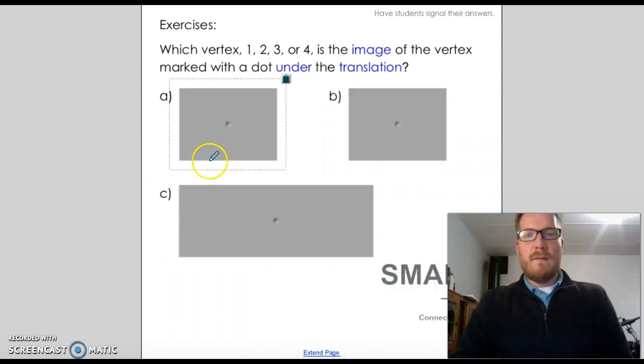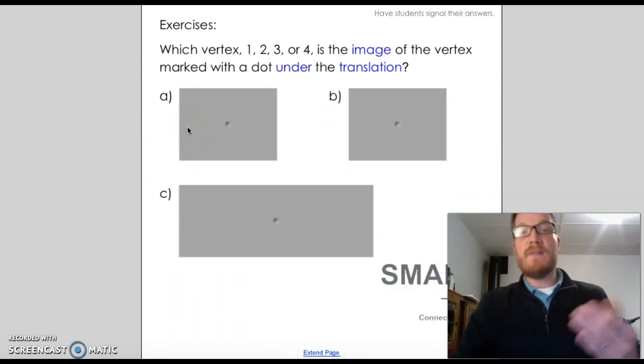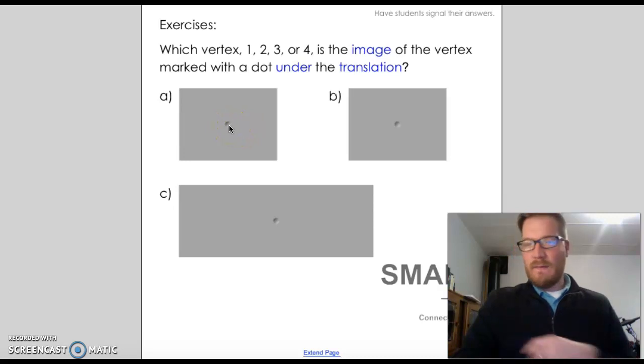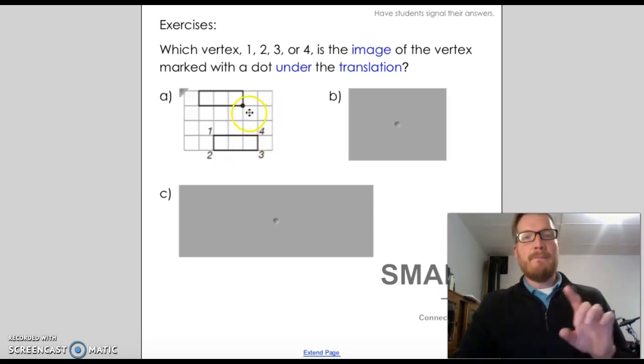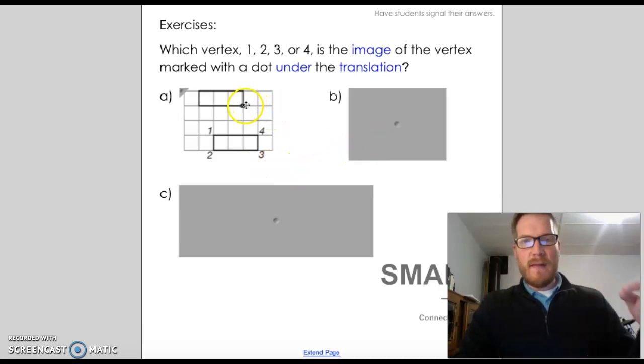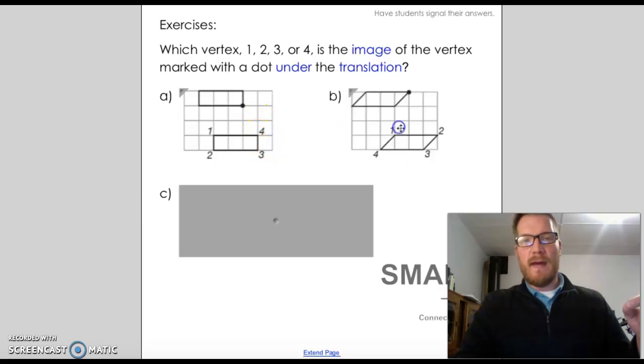Okay, so here's a couple of just quick exercises. It says which vertex, 1, 2, 3, or 4, is the image of the vertex marked with a dot under the translation. It's a fancy way of saying, okay, so here's our dot. Which of the 4 vertices matches up with the dot? And in this case, it's number 3. So that means it's gone 1 to the right, and then 1, 2, 3 points down.